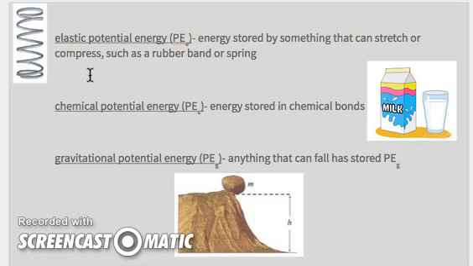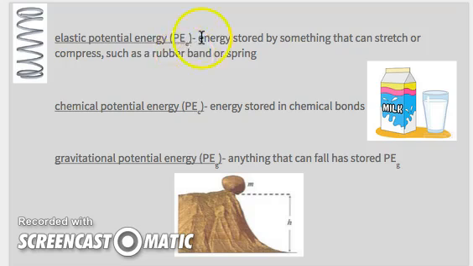Other examples would be like the elastic that we have in our clothing. The reason why our clothes stretch is because they have this elastic potential energy in them. So when we stretch it and we let it go, it automatically boings back into its original position unless it's destroyed a little bit. Okay, so elastic potential energy.